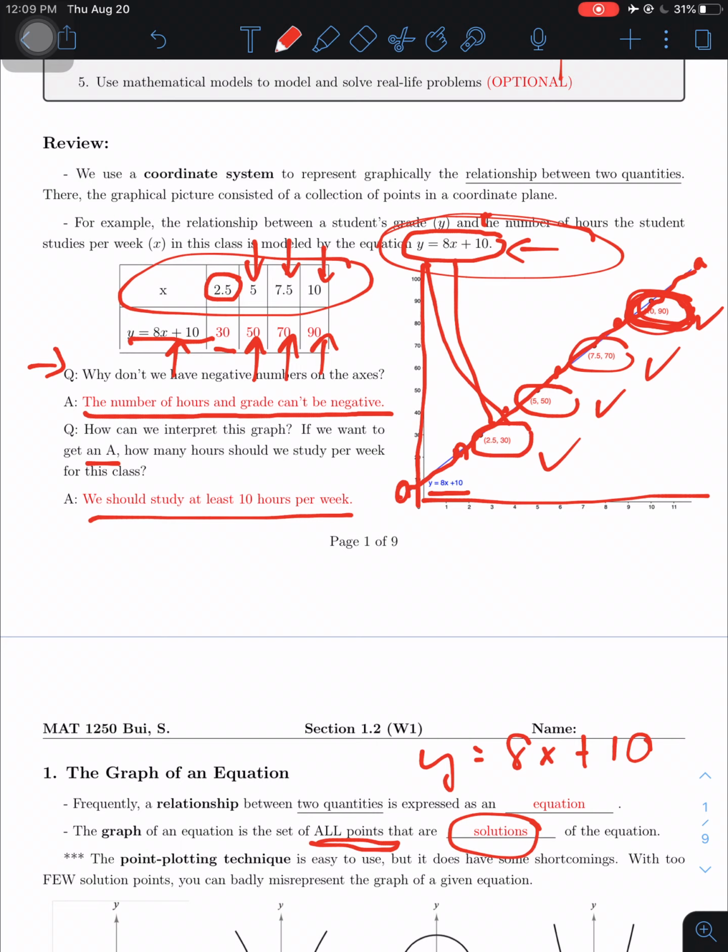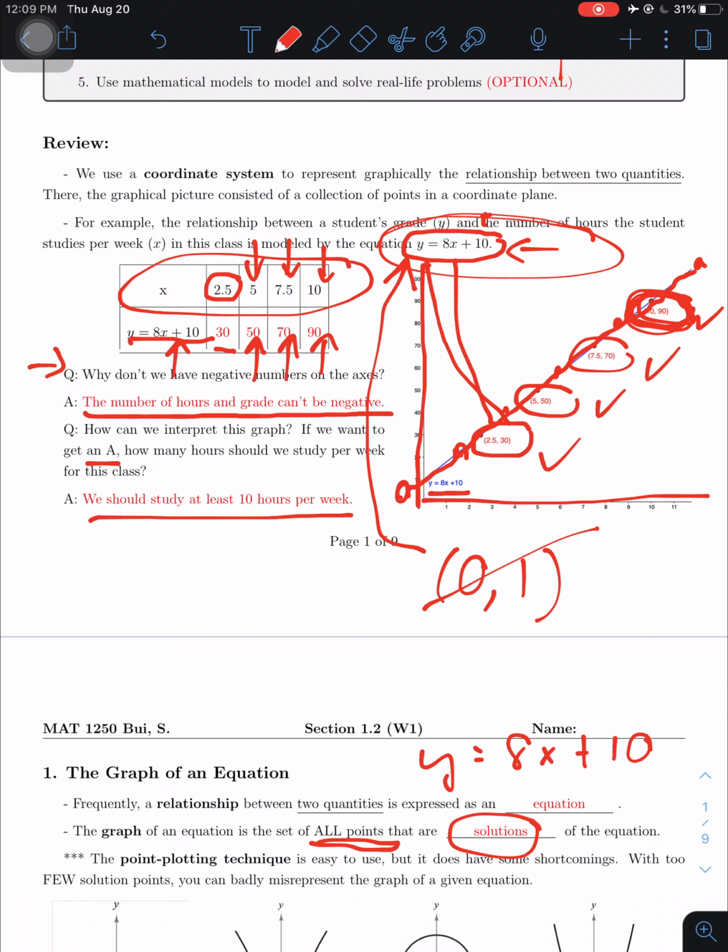Okay. If I give you another point, say, I don't know, 0 and 1, and I ask you whether this point is a solution of this equation or not, the answer will be no. This point is not a solution of the equation. Why is that so?